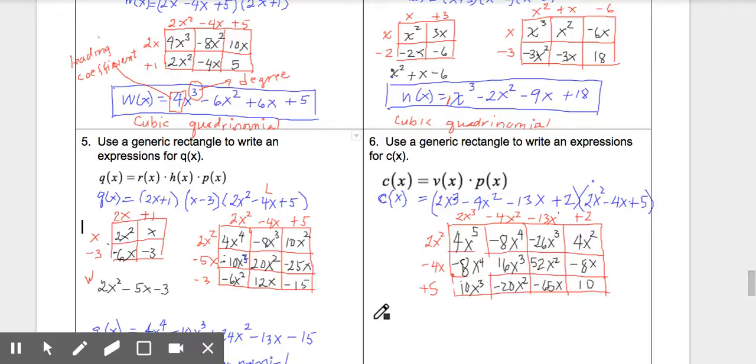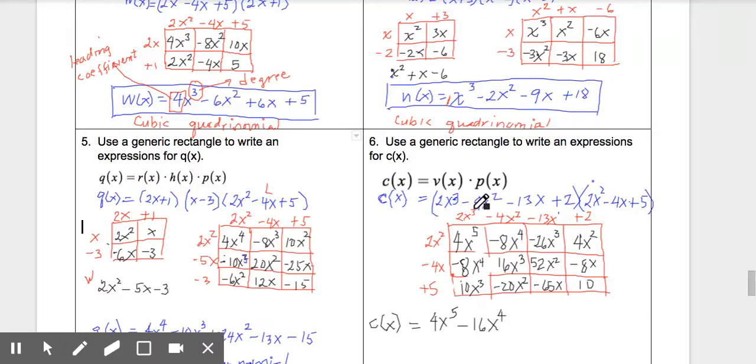So now we can write the expression for c of x. The highest exponent is 5, so we'll have here 4x to the 5th, followed by x to the 4th. Because we have negative 8 and negative 8, that's going to give us negative 16x to the 4th. Notice that when we are adding like terms, we do not add exponents.